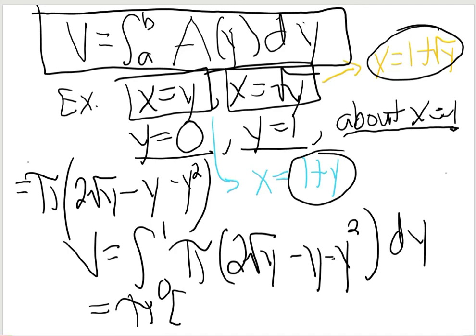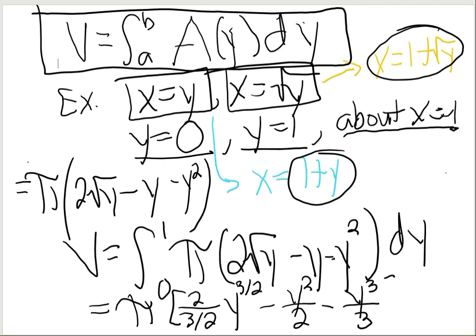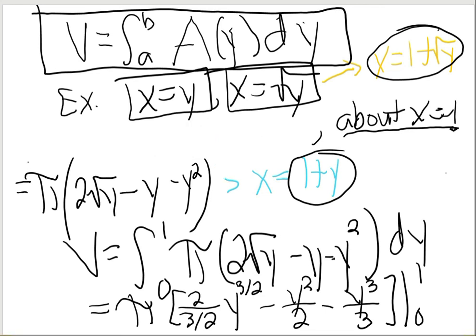Antiderivative is going to be what? 2 over 3 halves, and then y to the 3 halves minus y squared over 2 minus y cubed over 3, evaluated from 0 to 1. Okay, I'm going to erase some of the problem up here so we have some space.